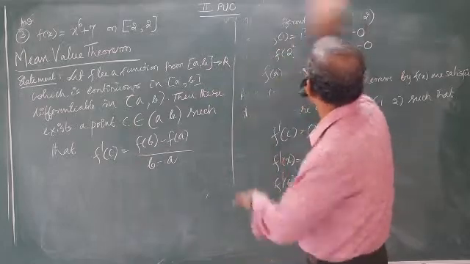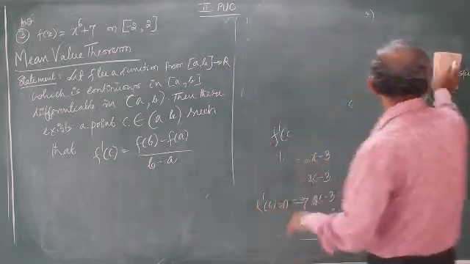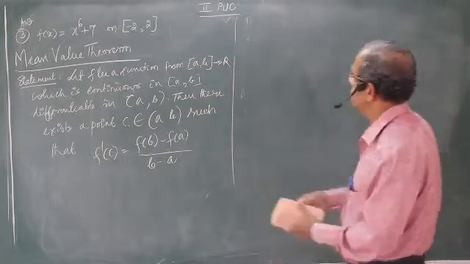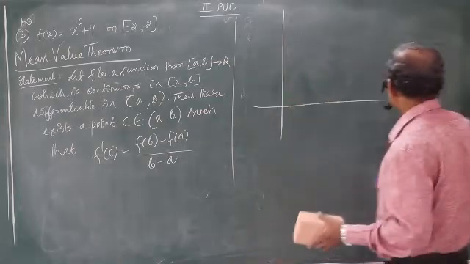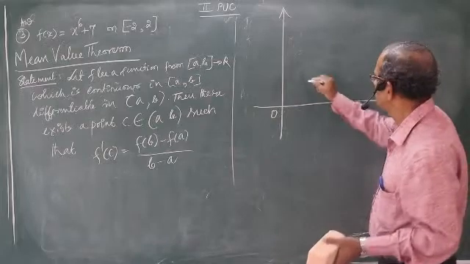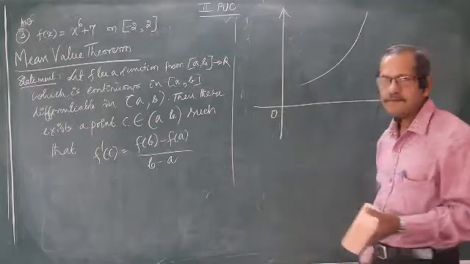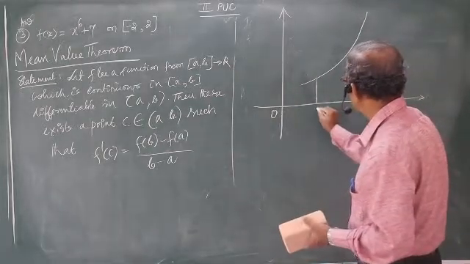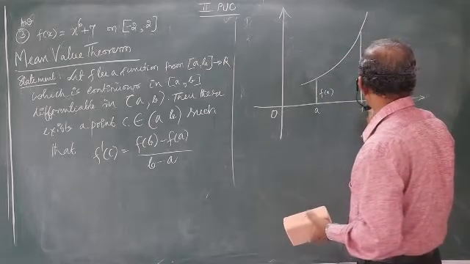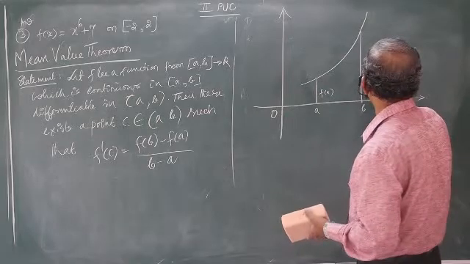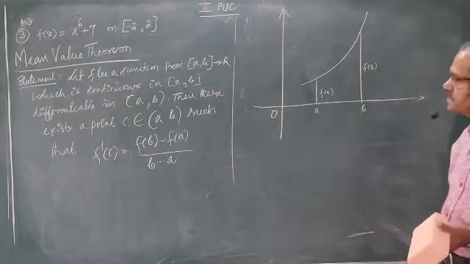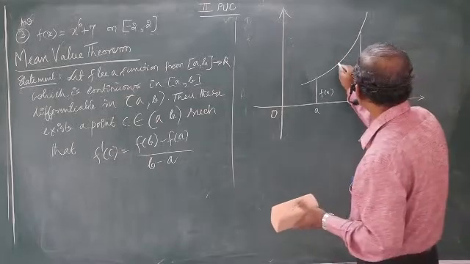Let me draw the graph of the function, how it looks like. You can draw the graph also. Function is this. F of A, F of B. Then there exists a point.